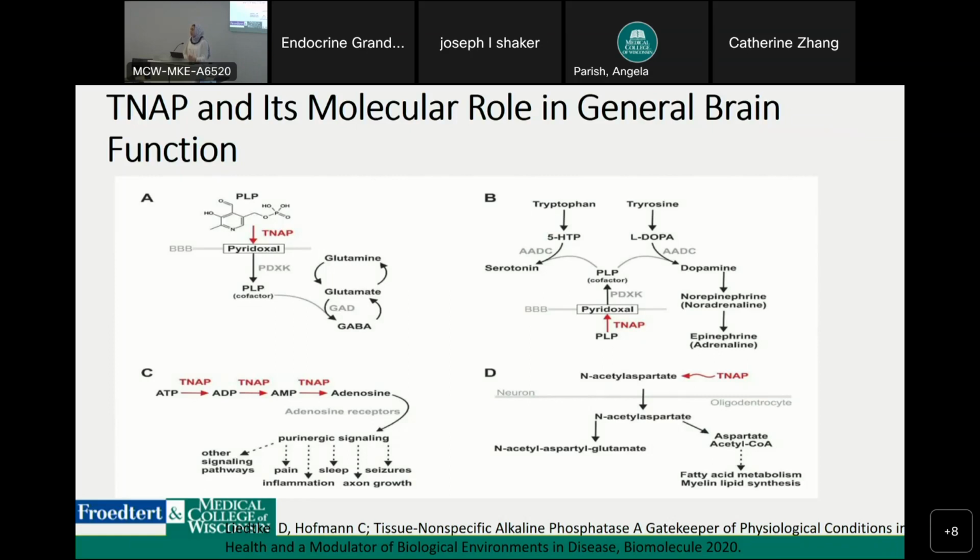So when we have deficiency of alkaline phosphatase, we cannot convert PLP to pyridoxal. We'll have accumulation of PLP, and that will help us in the diagnosis of hypophosphatasia, as we'll discuss later. PLP then cannot cross the blood-brain barrier, so we'll have defective formation of some neurotransmitters. That also explains some of the neurological symptoms of hypophosphatasia.